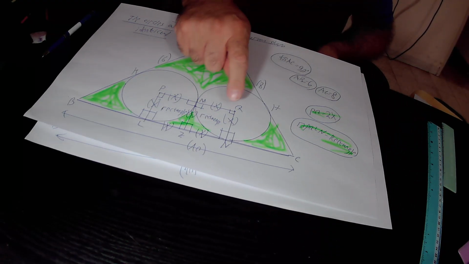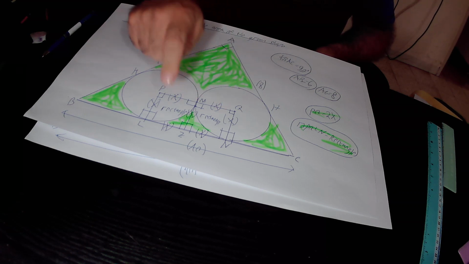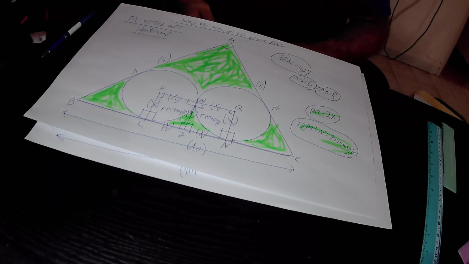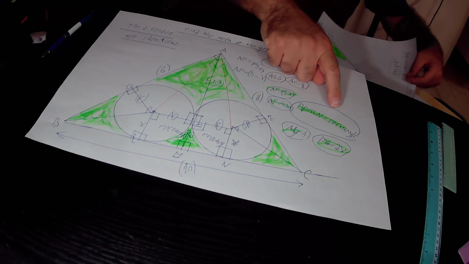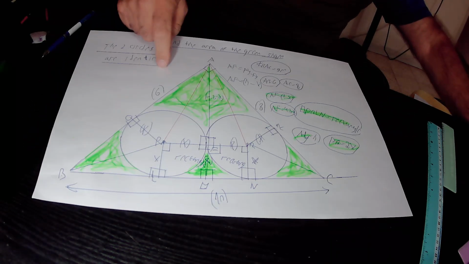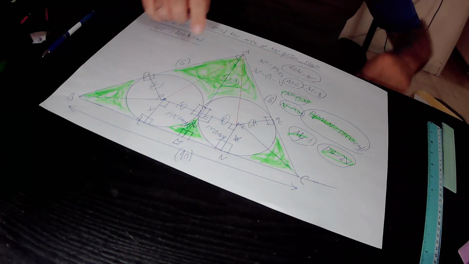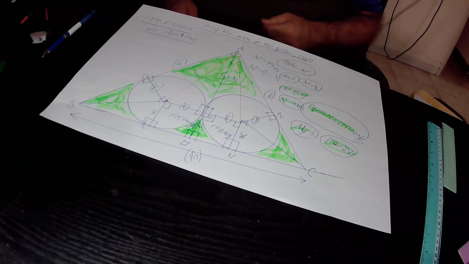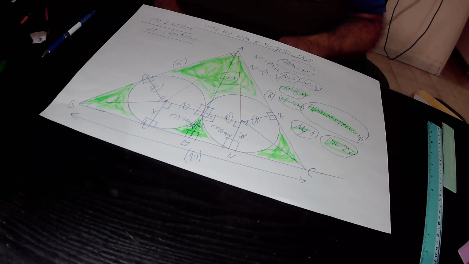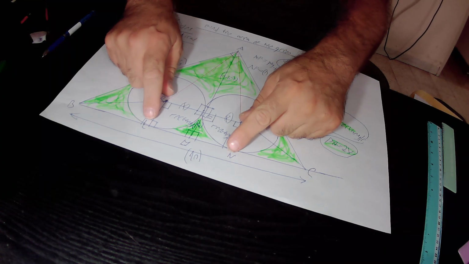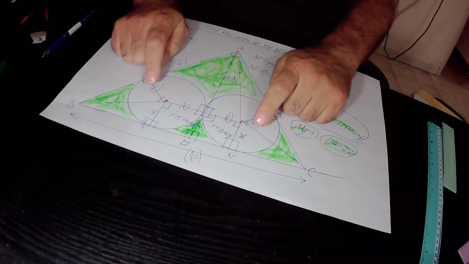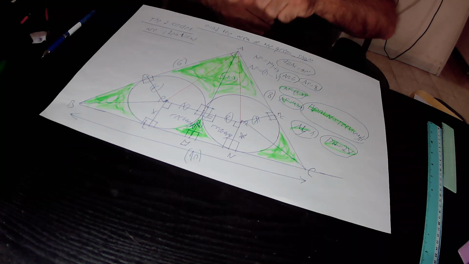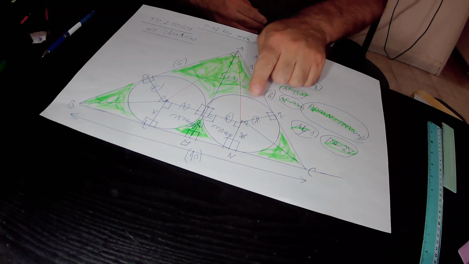Quadrilateral PQNL has 1, 2, 3, 4 right angles, and therefore it is a rectangle. So this is rectangle PQNL. We already found out that those four angles are right angles. This is the radius X, this is the radius X. We already found out that PQ equals 2X.